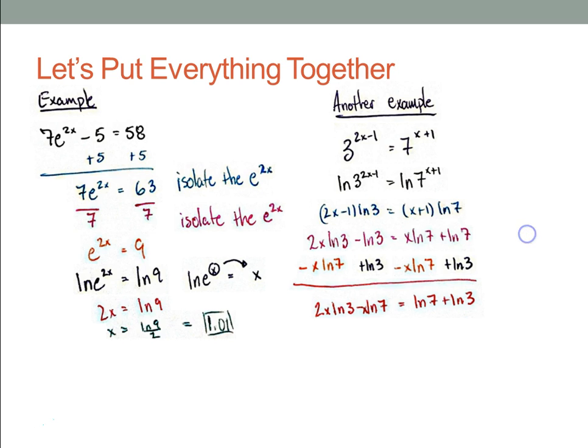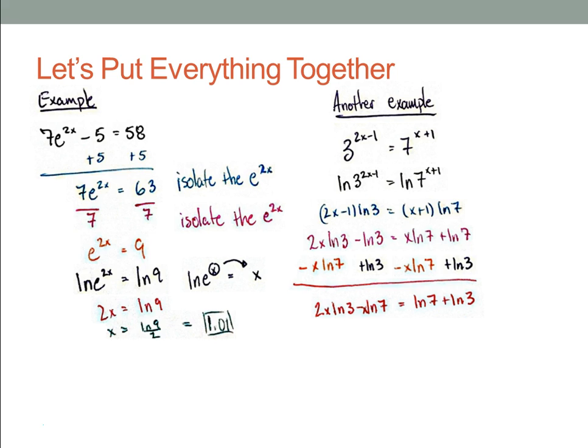So this gives me a very complex expression, but again, it's starting to get simpler because the variables are on one side and all of the constants are on the other. So 2x ln of 3 minus x ln of 7. Now that is awesome because I have x with each of these terms. Anytime I have x with each term, I can use my favorite math F word, factor.